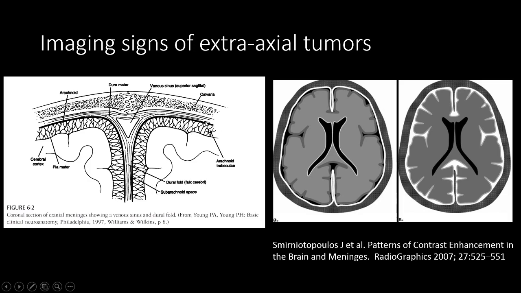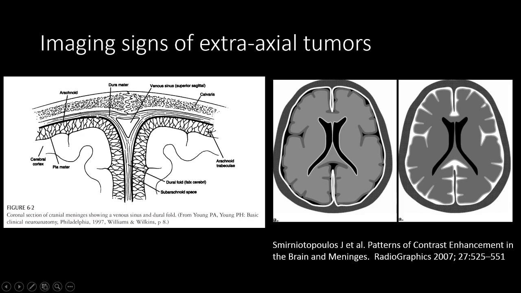Then there's the inner dural layer, or meningeal layer, and that folds inwards at the interhemispheric falx, the cerebellar tentorium, and the diaphragma sellae. The periosteal and meningeal dural layers split to enclose the dural venous sinuses.